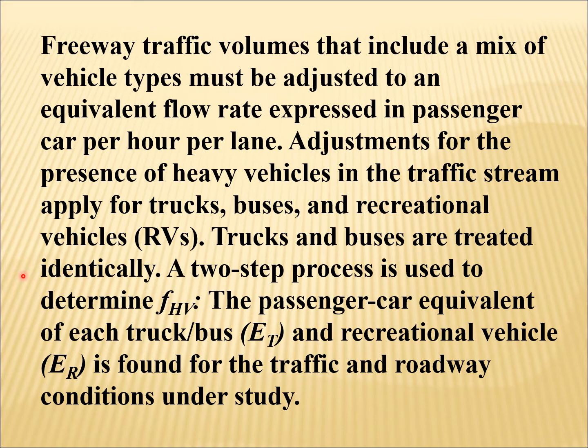A two-step process is used to determine F sub HV. The passenger car equivalent of each truck or bus, that is E sub T, and of each recreational vehicle, E sub R, is found for the traffic and roadway conditions under study. So E sub T is the passenger car equivalent of each truck or bus, and E sub R is the passenger car equivalent of each recreational vehicle.